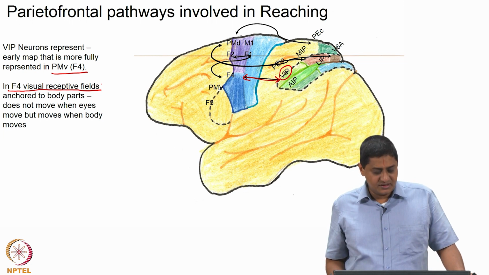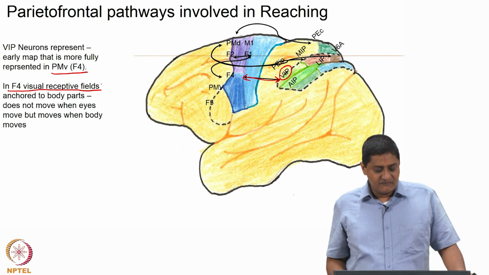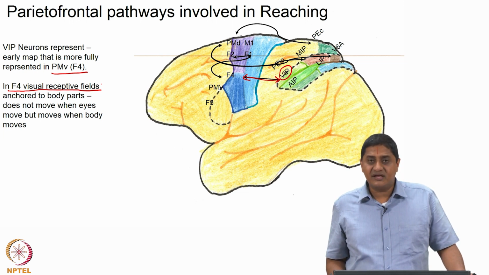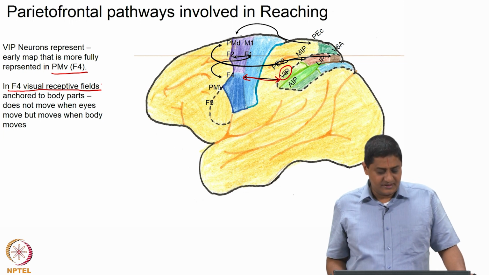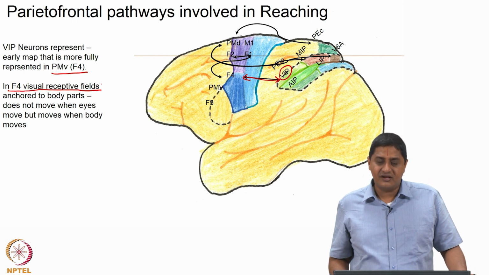It turns out that when the eyes are making a movement, but not the body parts, these neurons are not active, but they are active when the specific region of the body is actually moving.